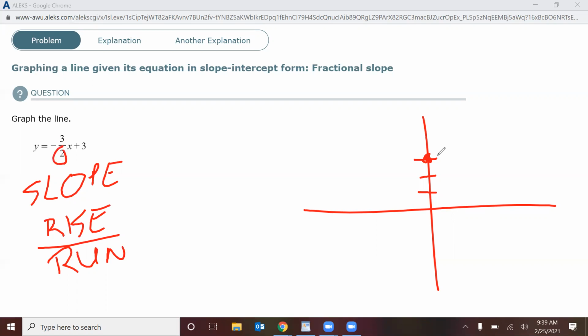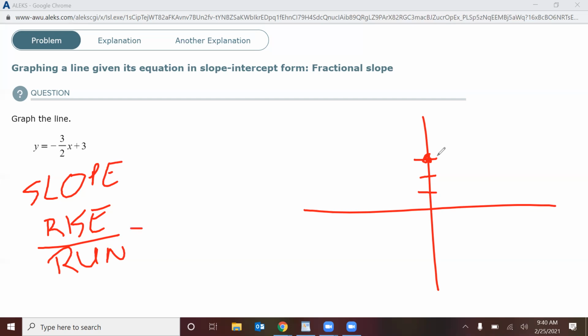And the denominator tells us how far we run, or how far we go in the horizontal or x direction. The minus sign can be applied to the numerator or the denominator. It doesn't matter. I typically put it in the numerator, and that works just fine.